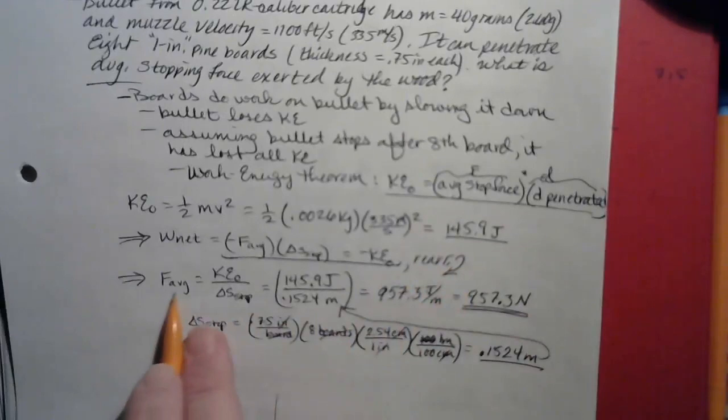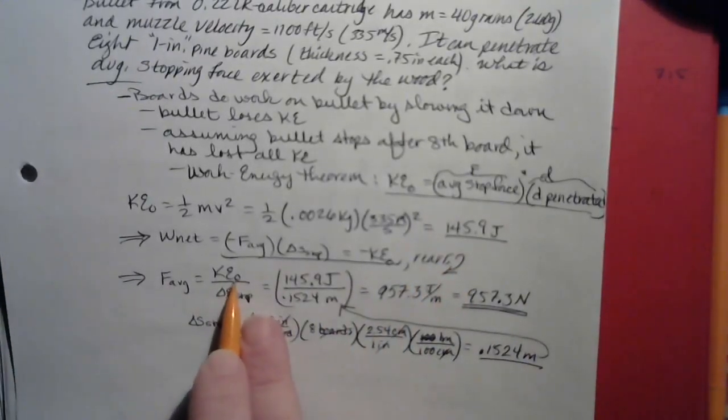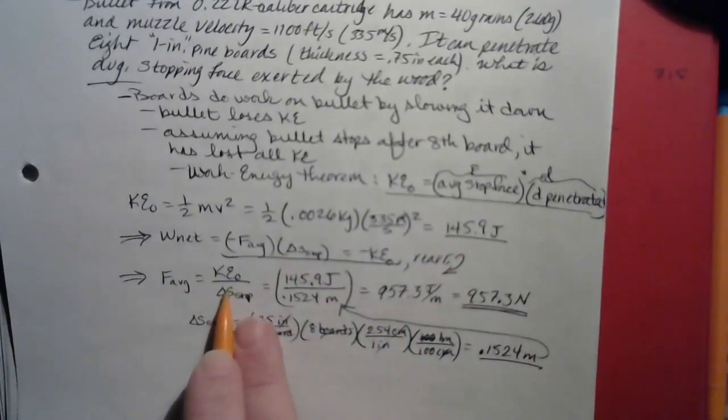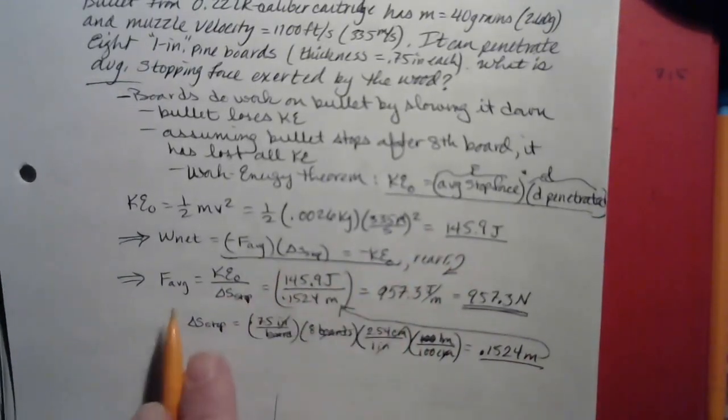If you rearrange that to find average force, you end up with the original kinetic energy over the distance that it takes to stop, or delta S stop in this case. The negative signs go away because there are two of them and they cancel each other out.